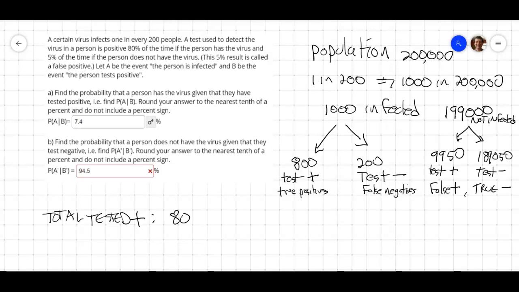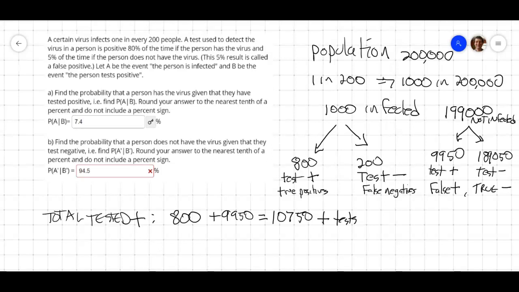We have the 800 people that had the virus that tested positive, and the 9,950 people that are not infected that tested positive. That is a total of 10,750 positive tests.